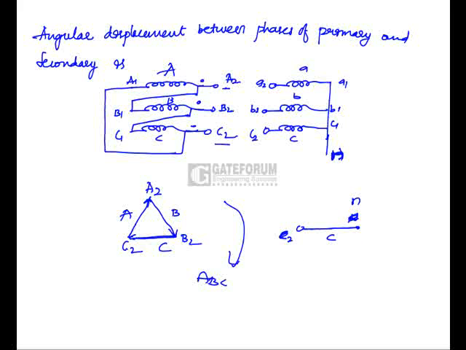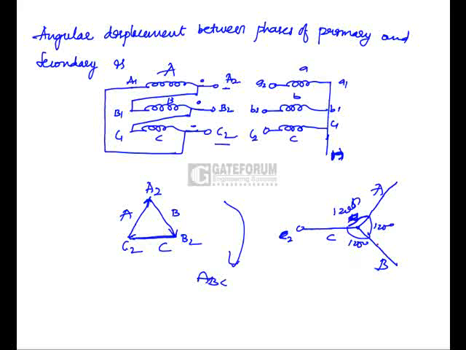If this is the C phase, I want to maintain the same phase sequence in star connection. The displacement between these two should be 120 degrees. Similarly, this is also 120 degrees. Since my phase sequence should be maintained the same, now if I move like this, this is A phase and this one is B phase.